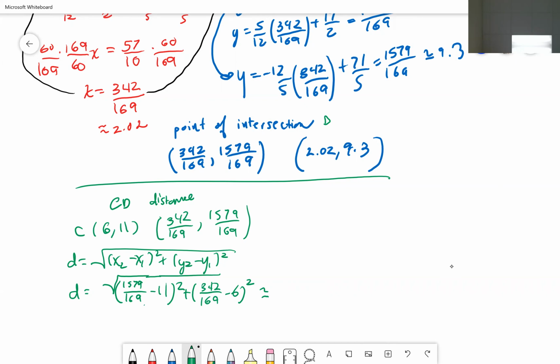I'll press enter, and I get that this is equal to the square root of 3,136 over 169. Now I'll get the square root of that, and I get 56 divided by 13, which is approximately 4.3. Make sense? Yay, nay?